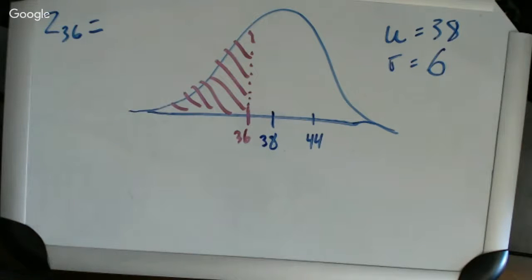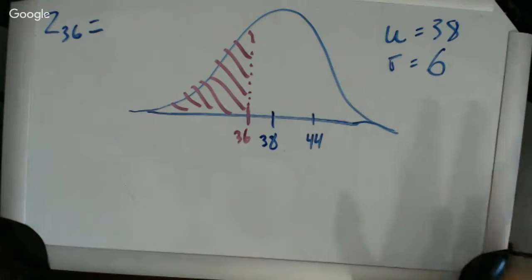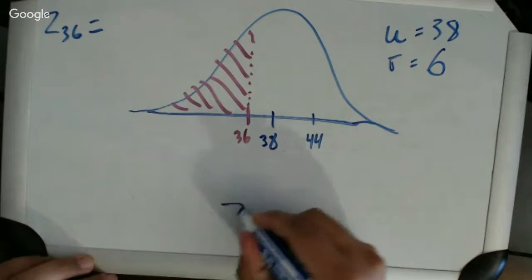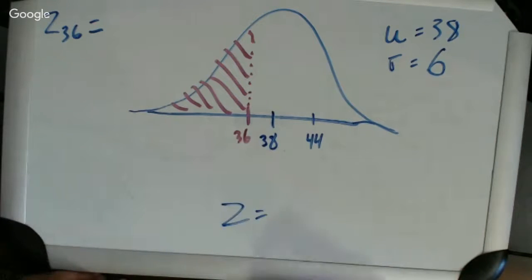Even without considering this problem, what is the z-score formula? If I assume I have no numbers, and I just say z is equal to, what goes over here?